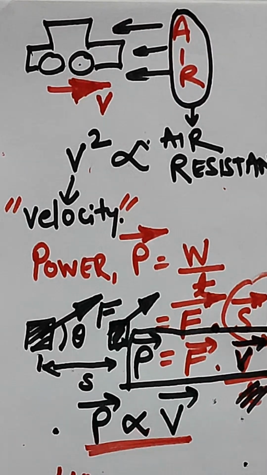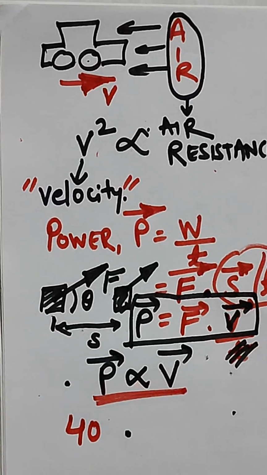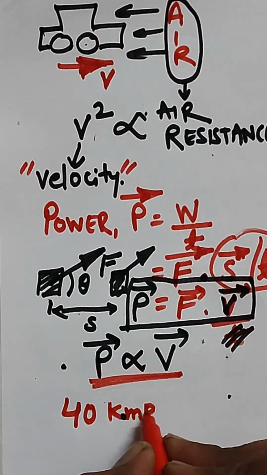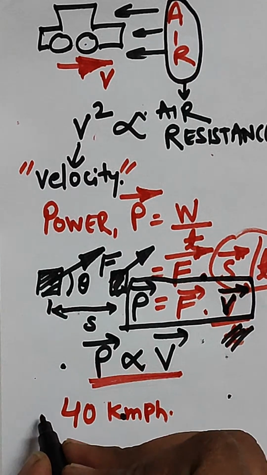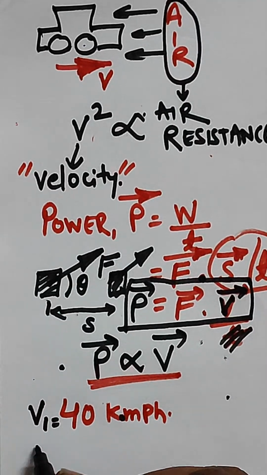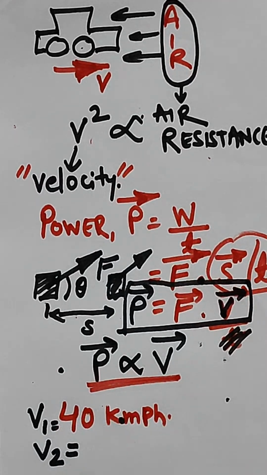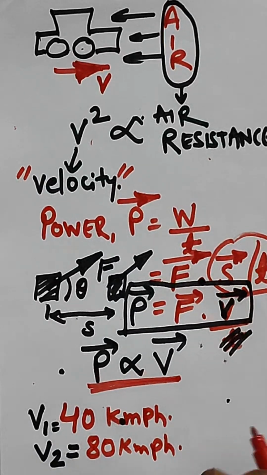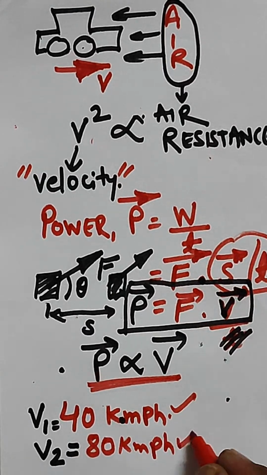So two velocities are given to you, one is 40 kilometer per hour, this is v1, and another is v2, which is given as 80 kilometer per hour. Now we need to find the ratio of the power required in these two cases.